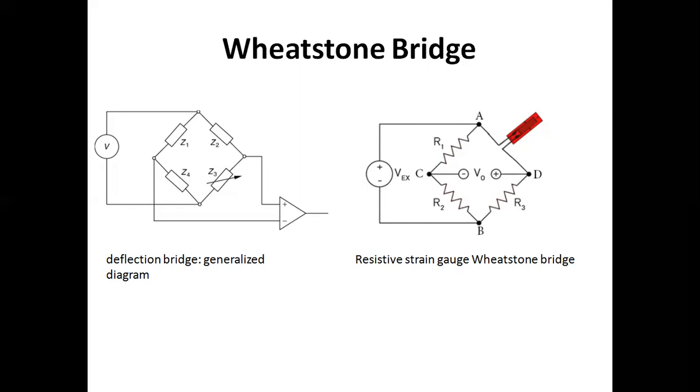And we connect it the way it is shown, and the output is obtained at points C and D and taken to the subsequent measurement system element, that is a signal processing block.